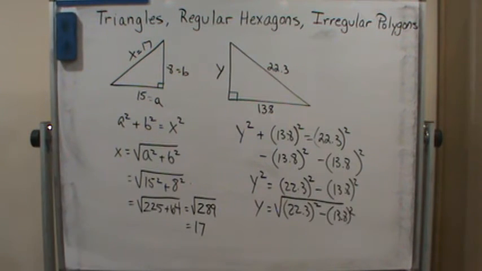Okay, so now this is where I'm going to stick this in my calculator since I'm dealing with decimals. I'm not going to do that in my head. So if we put that in our calculator, what do we get? We get 497.29.